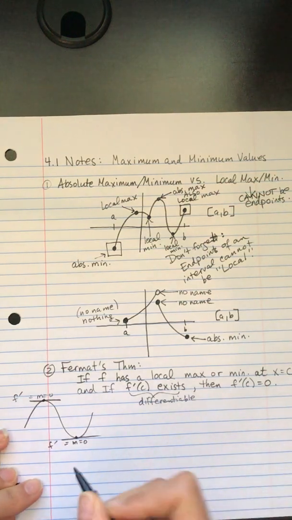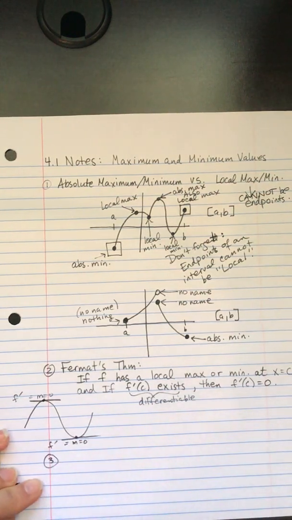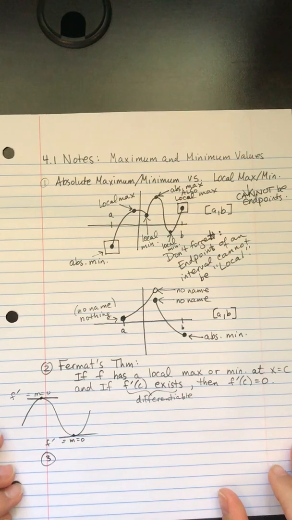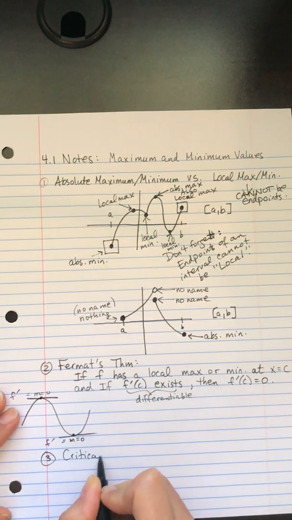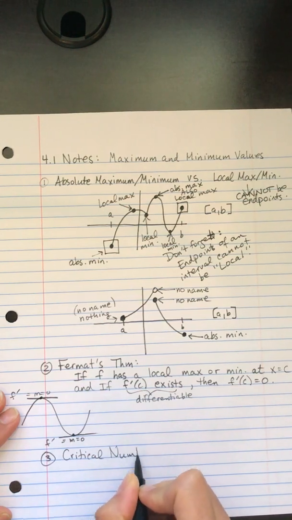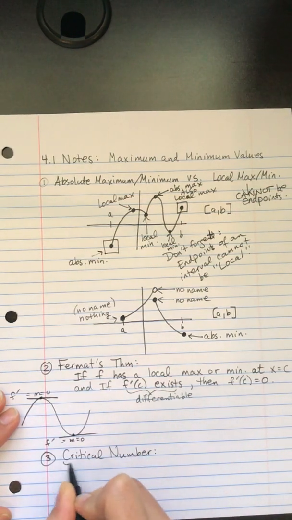Okay. Number 3. We're actually halfway through the notes. This is going to be short, so pay attention. The definition of a critical number. What is a critical number? Okay. This is a definition.